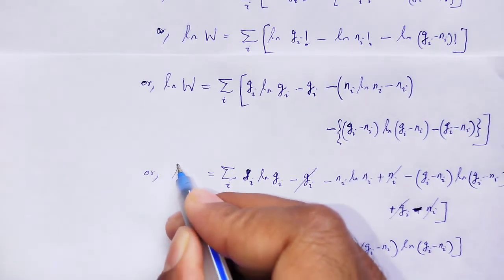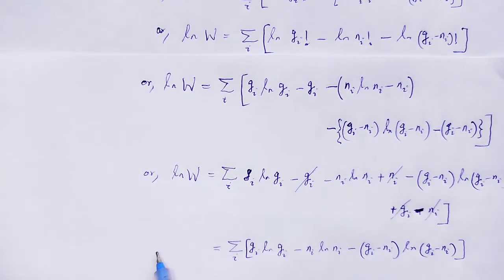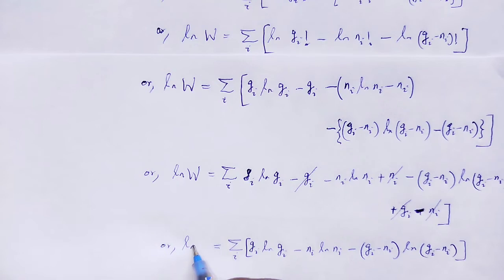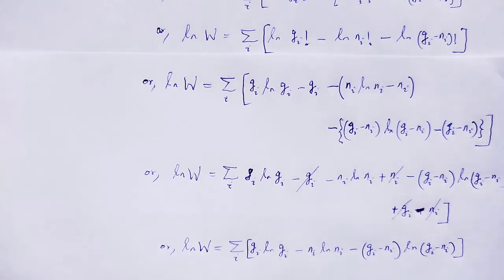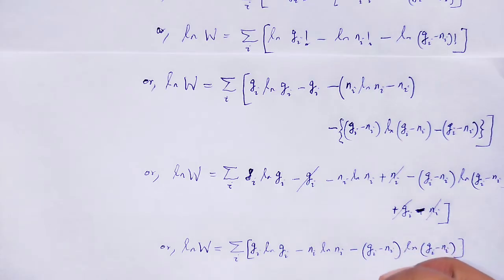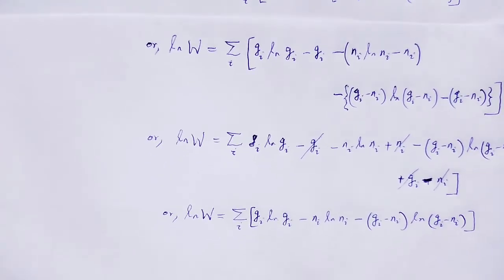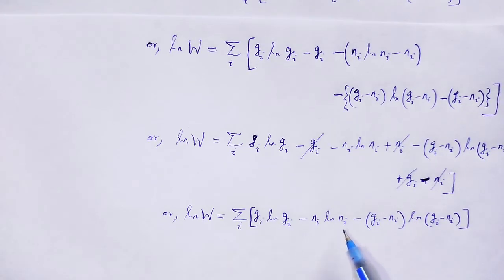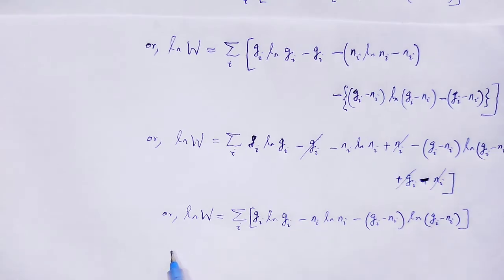That for ln W. To find the state of maximum thermodynamic probability, that is the equilibrium state, first we have to differentiate both sides, keeping in mind that Ni is variable and Gi is constant.